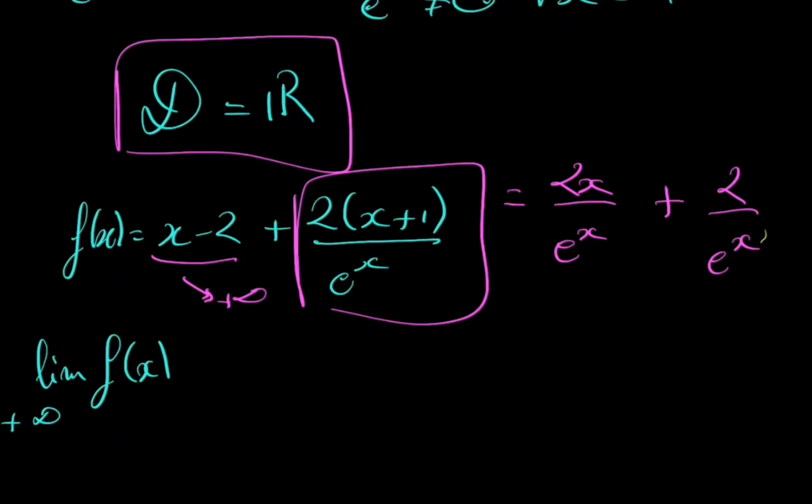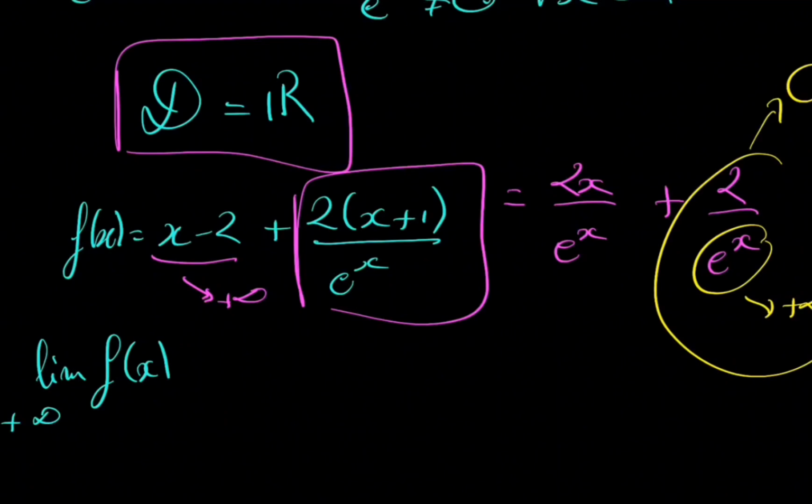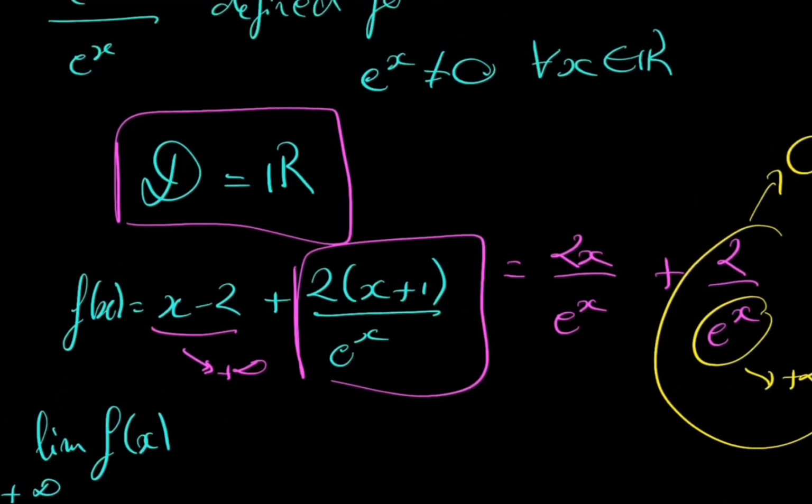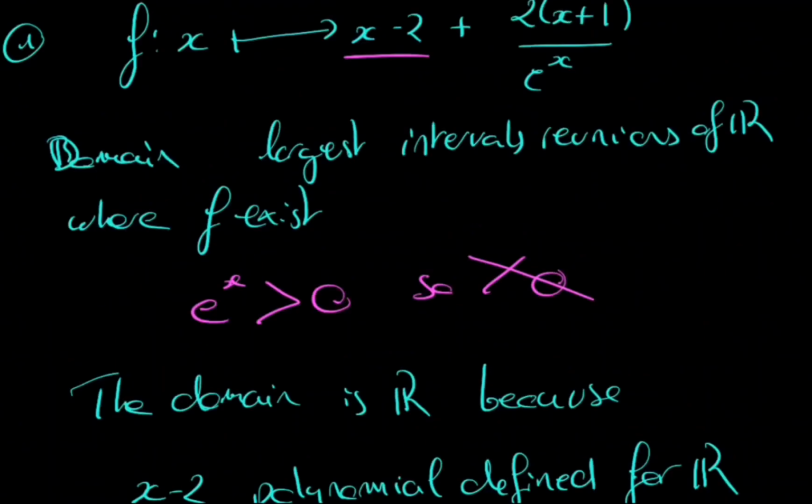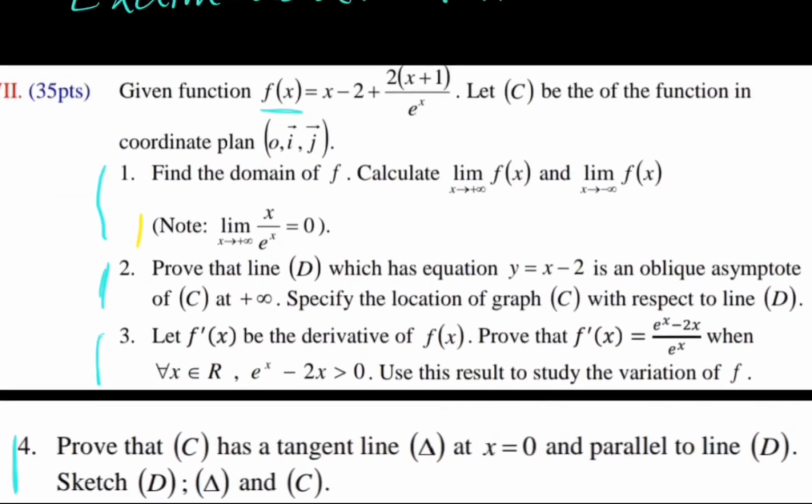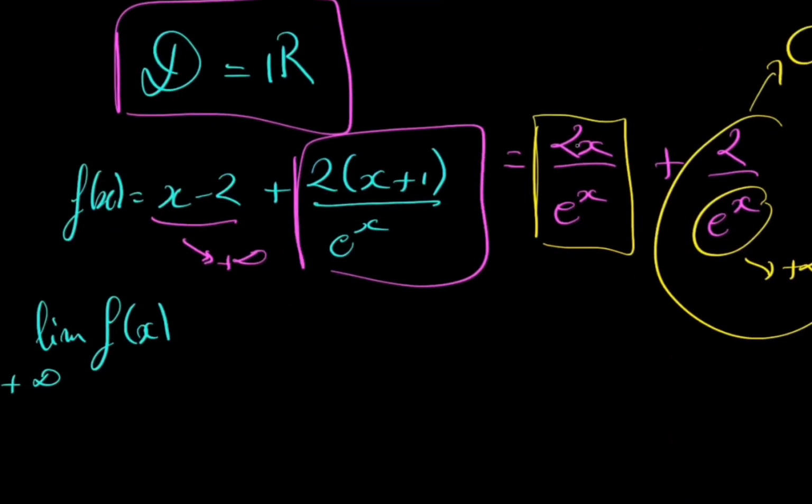So the exponential of x here will tend to plus the infinity, so this will tend to 0. For this part we've got this result, you should know it by heart: the limit of x over exponential of x when x tends to plus the infinity is equal to 0. So this will tend to 0 when x tends to plus the infinity.